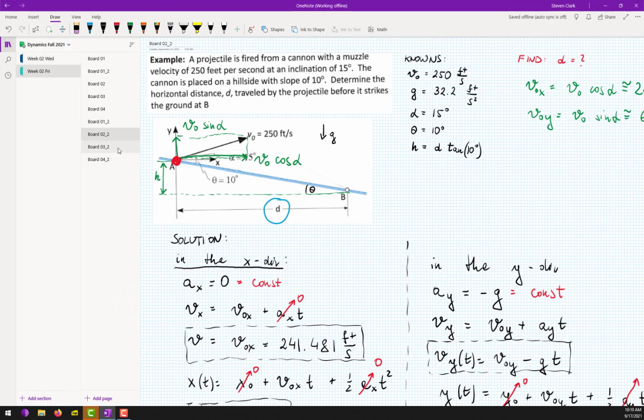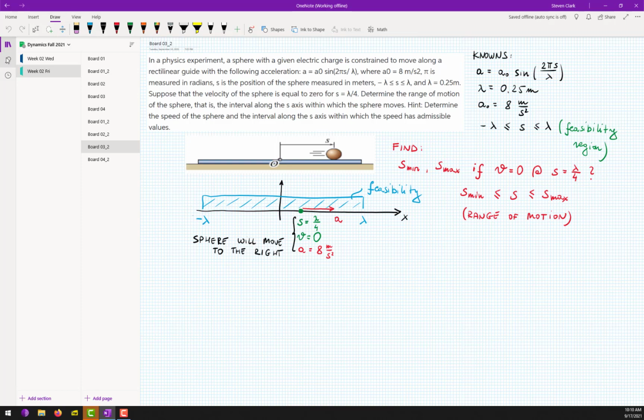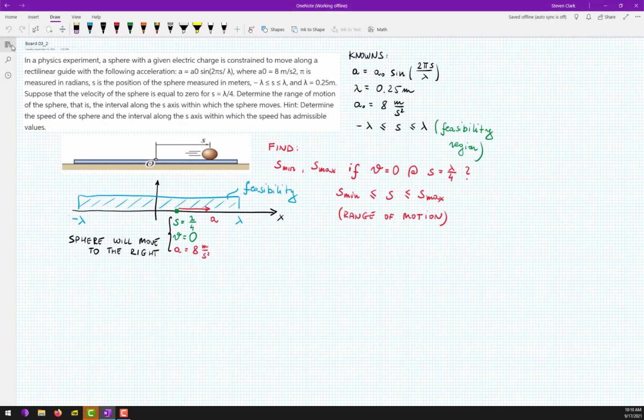So what? Example number 2? Let's do it. Example number 2 is tricky, but let's see. Let's familiarize ourselves with the problem statement, very quickly.